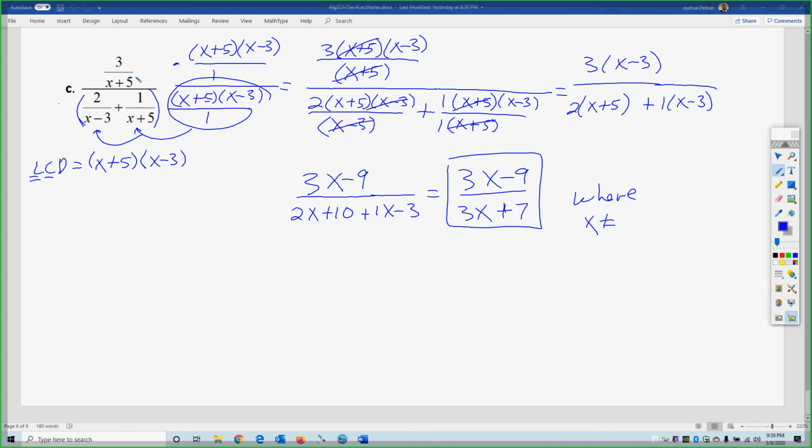In the original, x can't be negative 5 or positive 3. Okay, and in the final one, 3x plus 7 cannot be 0, so 3x cannot be negative 7, or x cannot be negative 7/3. Okay, that is the end of part 3.